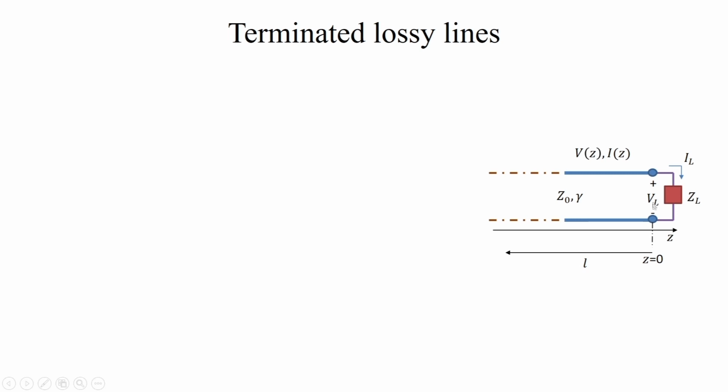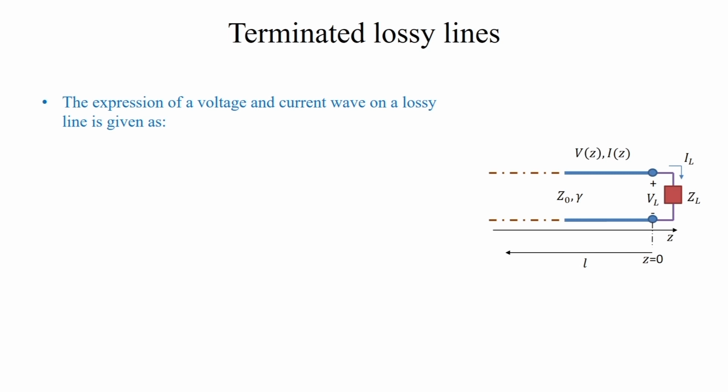We set the reference distance Z is equal to 0 on the load itself, and we see what happens at a distance Z is equal to minus L. So, the expression for voltage and current wave on this lossy line can be given as shown.